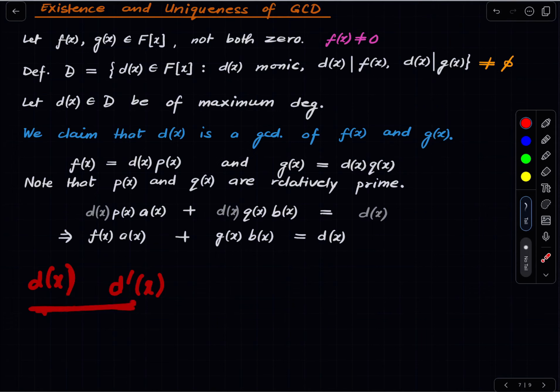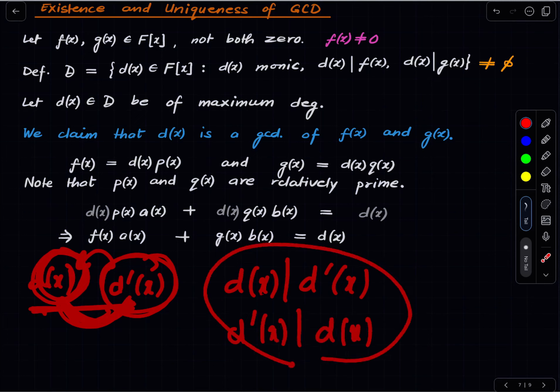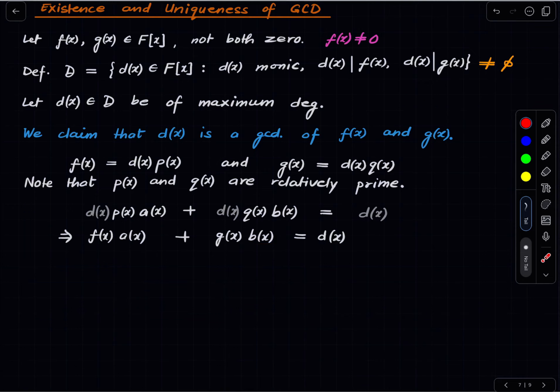By definition of GCD, every common divisor divides any GCD. So you just switch the roles of the two, you will find that d(x) divides d'(x) and d'(x) divides d(x). But if two monic polynomials divide each other, they must be equal. This is the problem that we gave in the beginning.